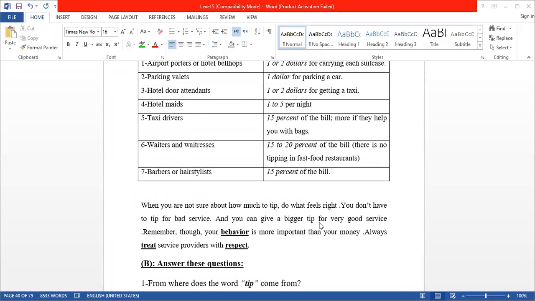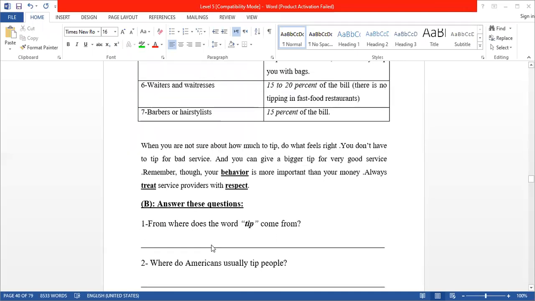You don't have to tip for bad service, and you can give a bigger tip for very good service. Remember, though, your behavior is more important than your money. Always treat service providers with respect.